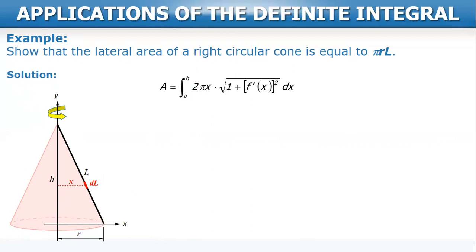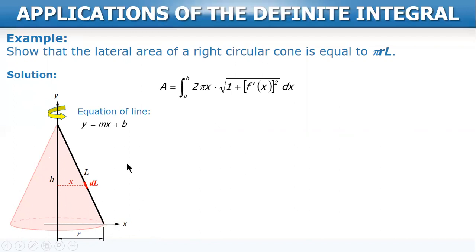Okay. But first, let's get the equation of the line so we can get the derivative. The equation of the line, standard form. One standard form is y equals mx plus b. The y-intercept is h. The slope is rise over run, but since the line goes down, the slope is negative.